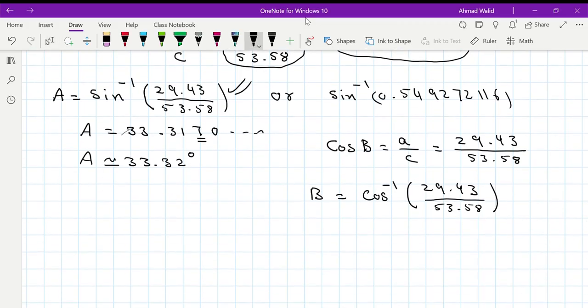Then your B equals approximately 56.68, because I'll round off a little bit.